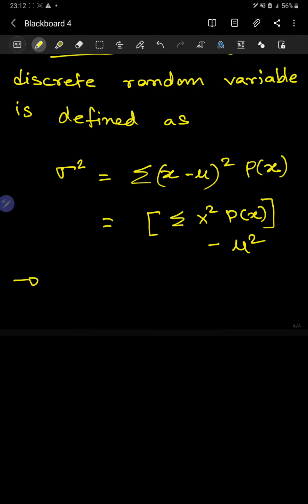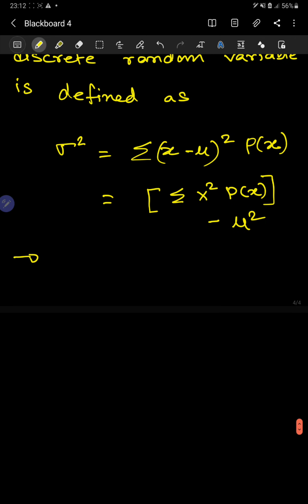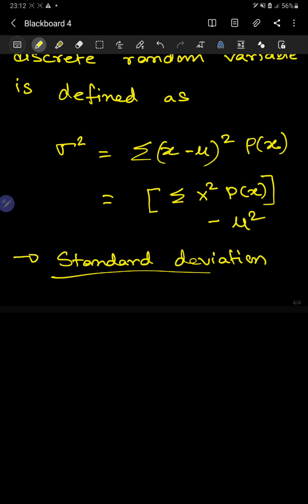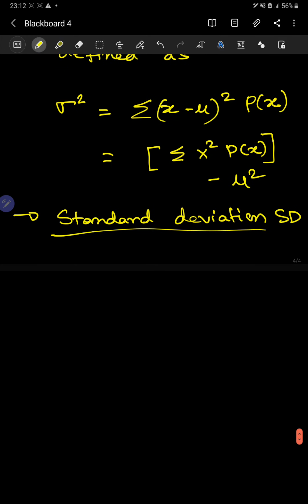Also, there is another related quantity called the standard deviation. It means how close our values are to the mean. If the standard deviation is low, it means all the different values we have are very close to the mean. And if the standard deviation is high, the values are spread out, they're very far away from the mean, basically. So standard deviation, SD, is the square root of variance.